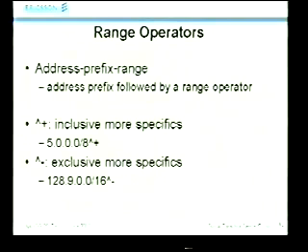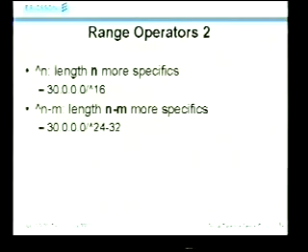The up arrow followed by a minus is the exclusive more specifics, so this is all the more specific address prefixes, including this one. This is all the more specifics, excluding this address prefix. This is the length n more specifics, up arrow n, and then up arrow n-m, the length n to m more specifics.